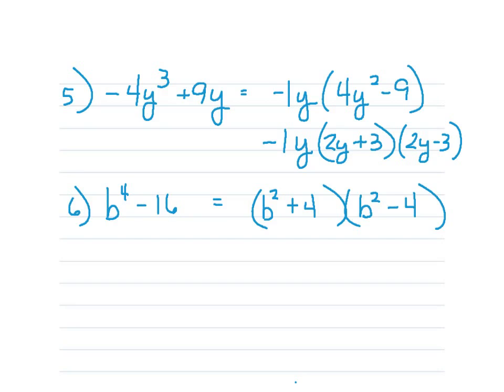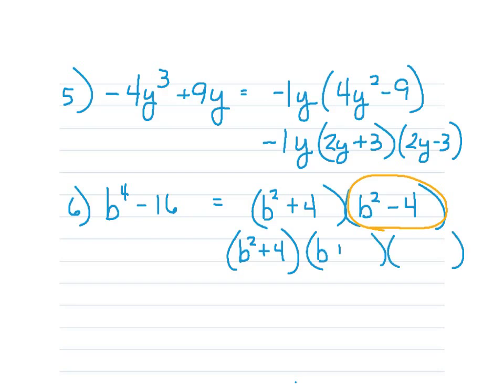But keep your eyes open and notice that we still have a difference of squares. b squared minus 4 is a difference of squares and can be further factored. So b squared plus 4 comes down. That cannot be further factored, but we can factor b squared minus 4, and that would be b plus 2, b minus 2.